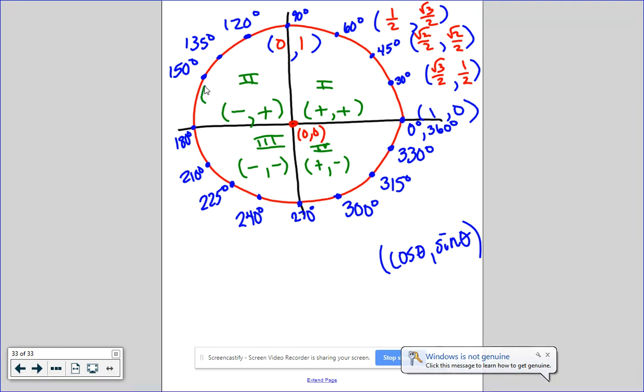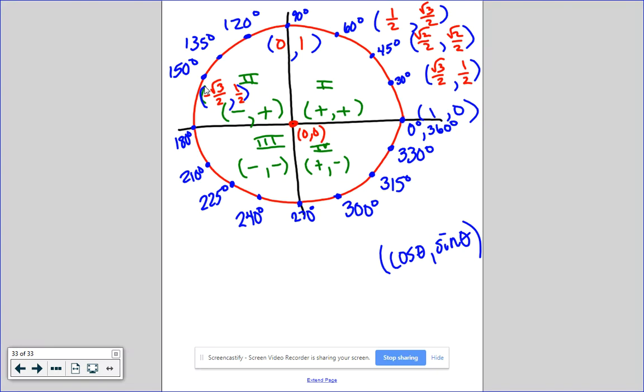So 150 is going to be, which one's negative, x or y? X. So 150 is going to be negative square root 3 over 2, positive 1/2. I'm taking the exact same value as at 30 degrees, because it's a reference angle with 150. The only thing that changes is its sign, based off of what quadrant it's in.